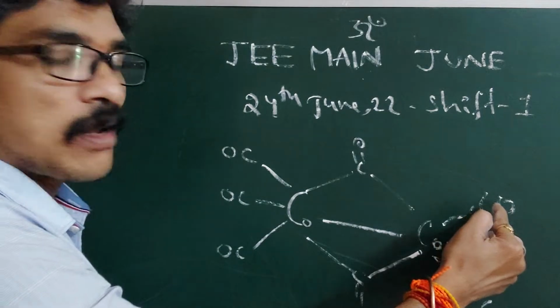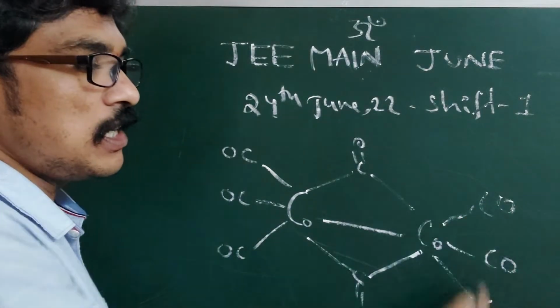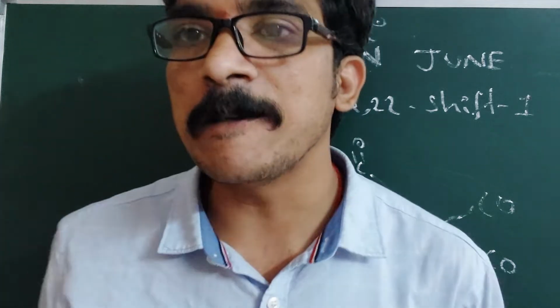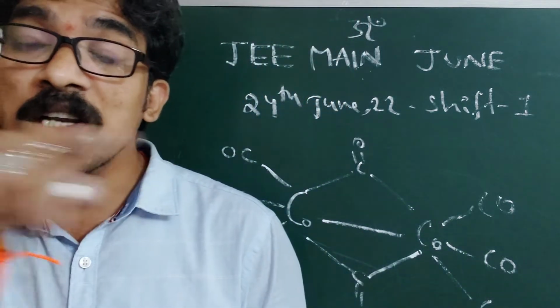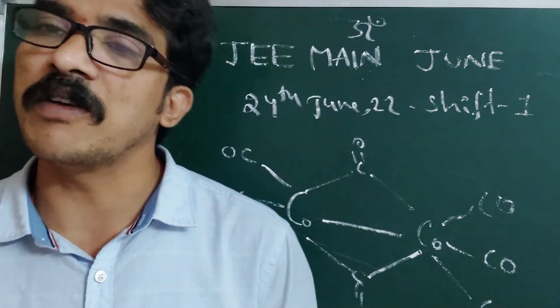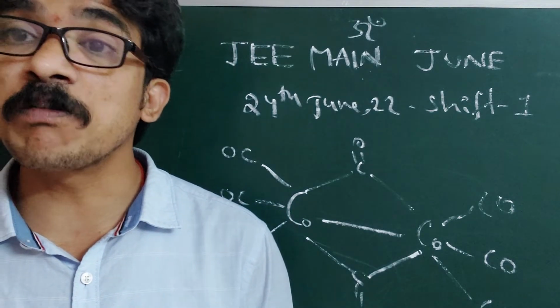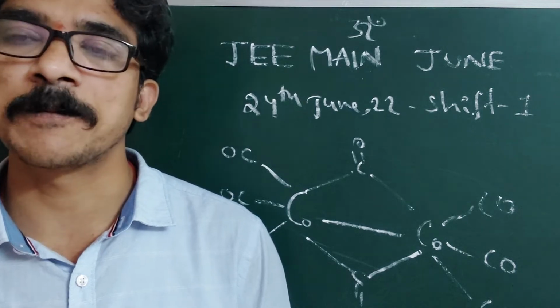Here the number of terminal CO bonds is 3 on one side and 3 on the other. Total terminal CO is 6, and bridging CO is 1. So X is 1, Y is 6.